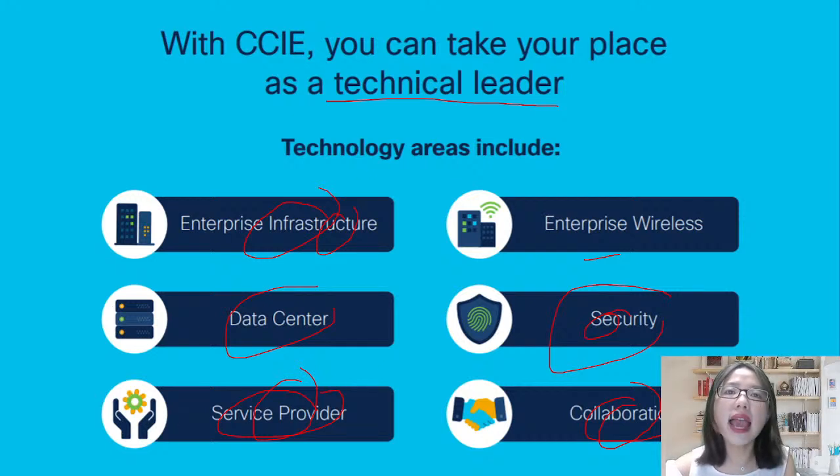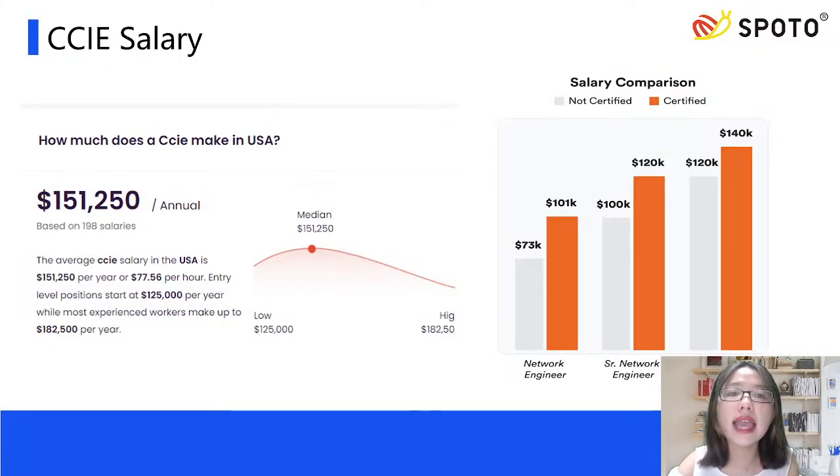So CCIE is widely considered the industry's highest level IT certification program. However, do you know the CCIE salary? Let's see the CCIE average salary in the USA in 2022 as an example. The average CCIE salary in the USA is $151,250 per year.